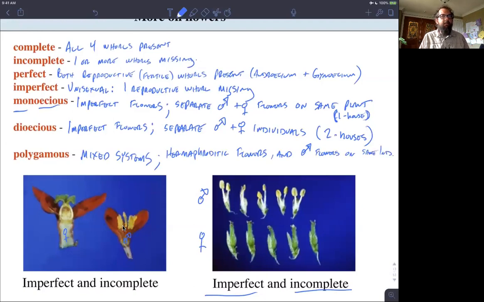Or you might have a separate situation where it's all female flowers on one individual and hermaphroditic flowers on another individual, or male flowers on one individual and hermaphroditic flowers on other individuals. And so you can have mixed systems where it's not strict monoecious and dioecious. Instead, you have things like androdioecious, or gynodioecious, where we have separate individuals that do a little bit different things. But the point here is that we can have mixed systems involved in this as well.